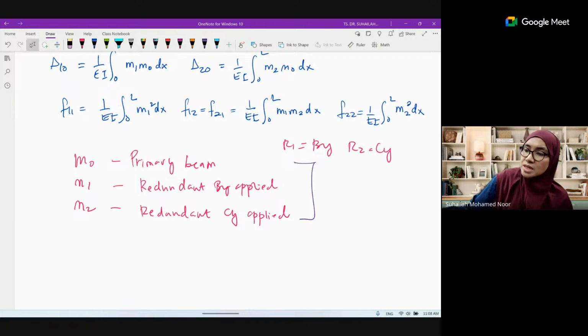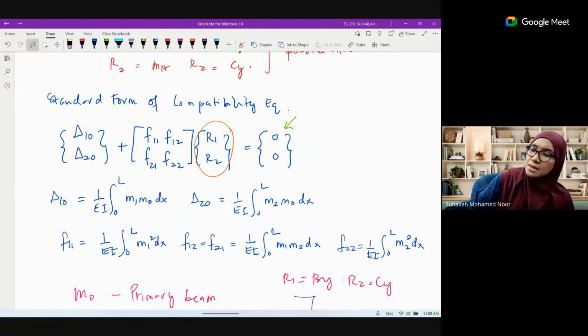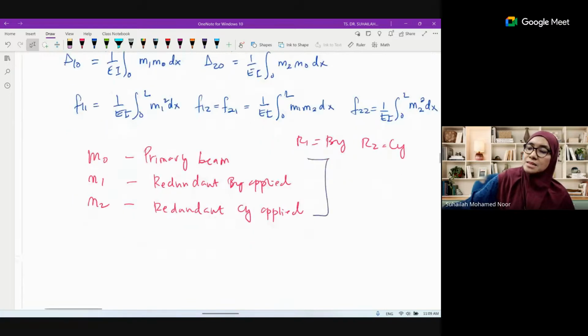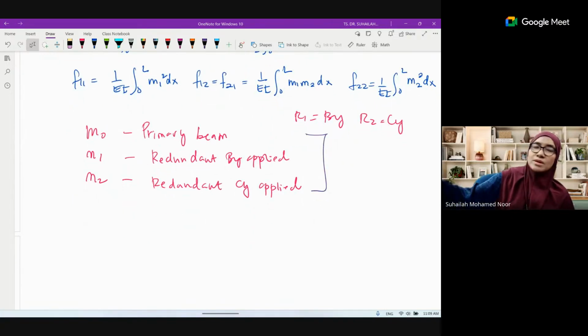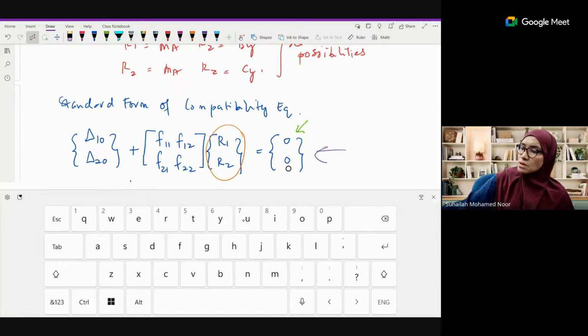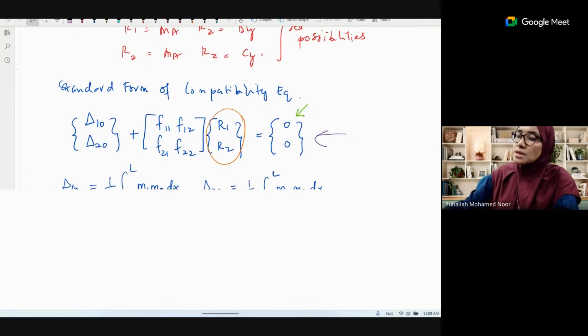In order to write the moment equation, we have to determine the reactions, in all these 3 systems. We do every step to fulfill the next step. Our purpose is to fill in the compatibility equation. The formulas contain moment equations, which contain reactions. That is why we have to analyze these 3 structures: calculate reactions, write moment equations, find displacements, and then we get the compatibility equation. So this is the idea.